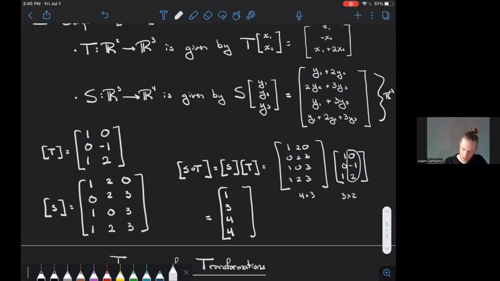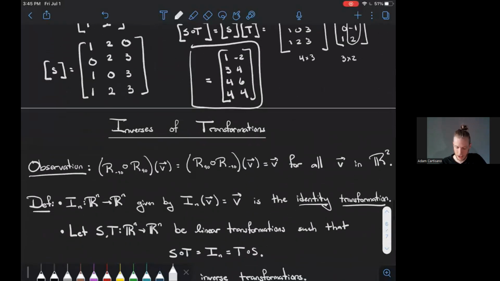I'm getting negative 2. Negative 2 plus 6 is positive 4. Then positive 6. And then another 4. Final answer. It was just a matrix multiplication problem in disguise. So that's kind of fun.